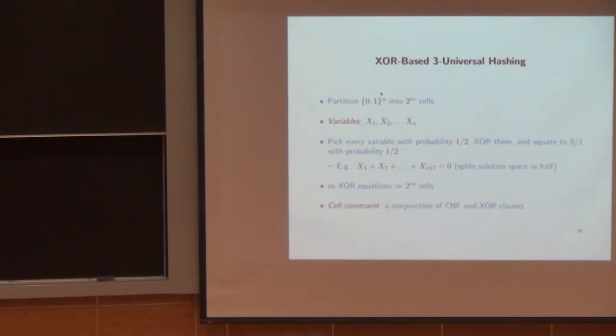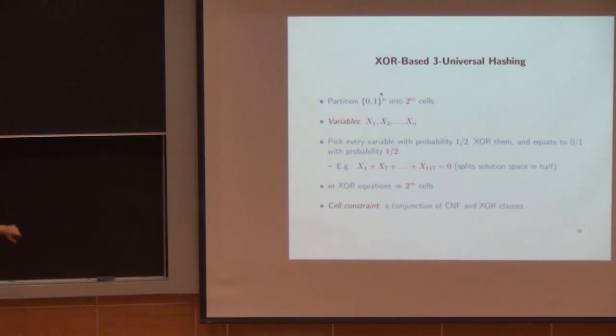So the idea is we need to partition the space. We want to partition the space into 2 to the m cells. And we do it by creating linear equalities modulo 2. Each constraint you add, you take variables and you choose every variable with probability half.